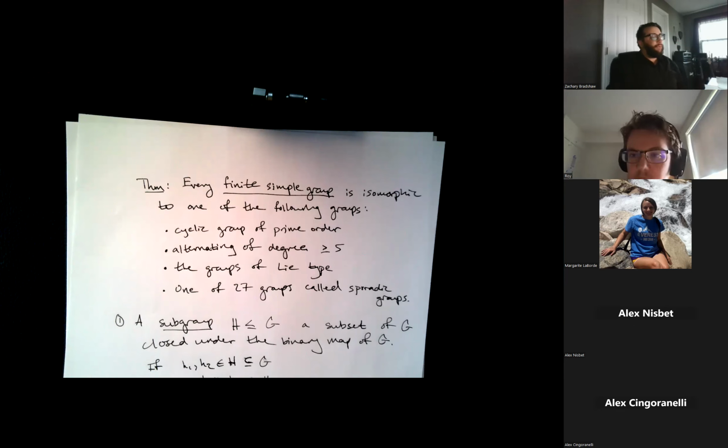But a simple group is just a group that has no non-trivial normal subgroups. So the only normal subgroups are the trivial group, which is just the identity by itself, and the group itself. A group is always normal in itself, and the identity is always normal in a group. If there are no other normal subgroups, then it's called simple.